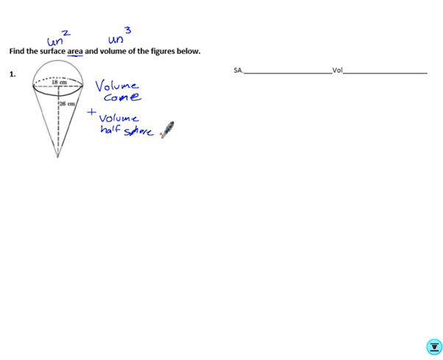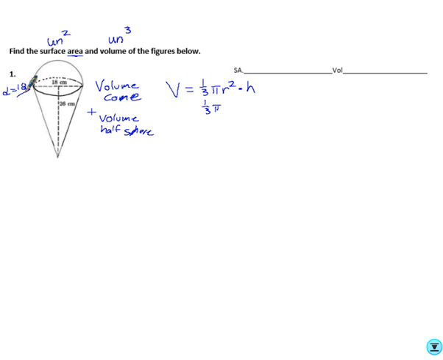And so now we're just going to use our formula sheets and fill in what we know here. The volume of a cone on your formula sheet is volume equals 1/3 pi r squared times h. So let's look at the cone real quick. We have the 1/3, we have the pi. What's the radius? Well, if we look here, that dotted line goes the whole way across, so that's actually giving us the diameter.